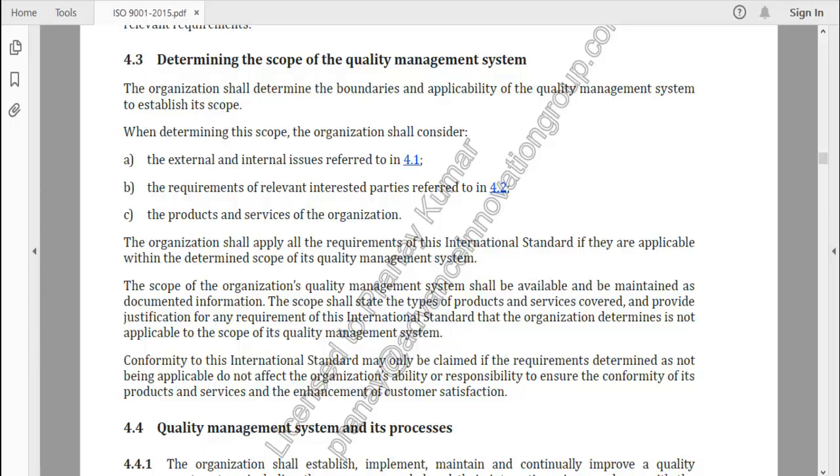So when you are deciding on the scope of the ISO 9001 implementation, you must understand that you cannot do away with these three basic conscience elements.